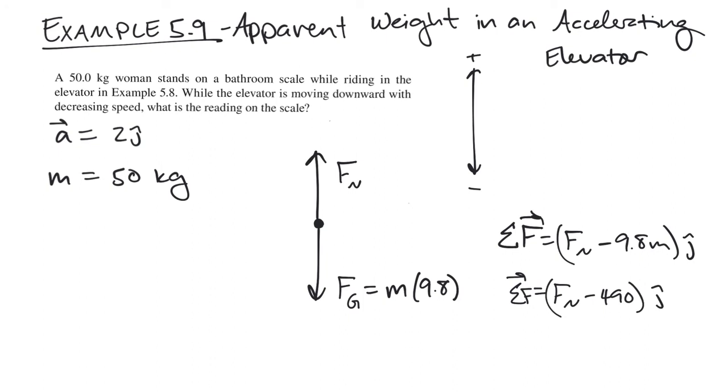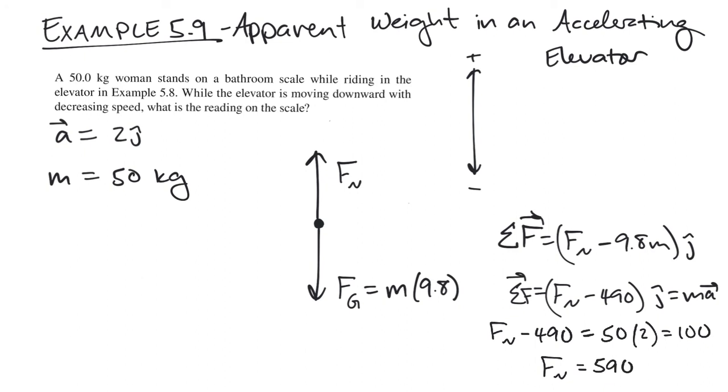And Newton's second law says since we are accelerating, this equals mass times acceleration. So we can plug in our acceleration there. You get Fn, normal force, minus 490. I'm going to drop the j hat because everything's in j hat. That equals mass, which is 50, times acceleration, which is 2. So that has to equal 100 newtons. And you add it on both sides, you get normal force is equal to 590. So her weight there is 590.